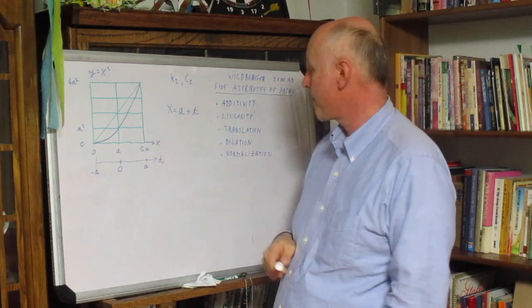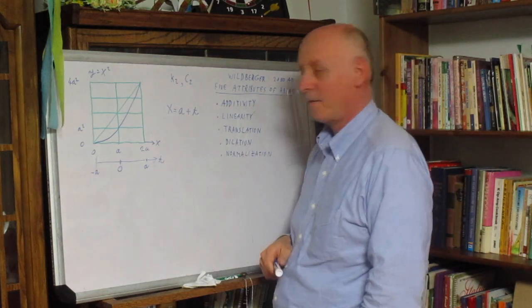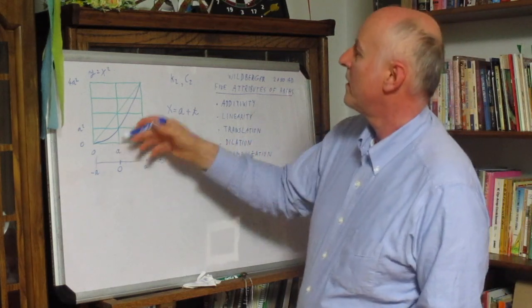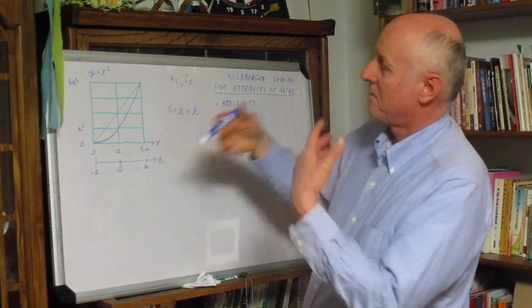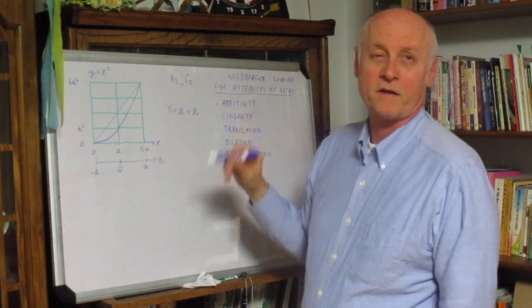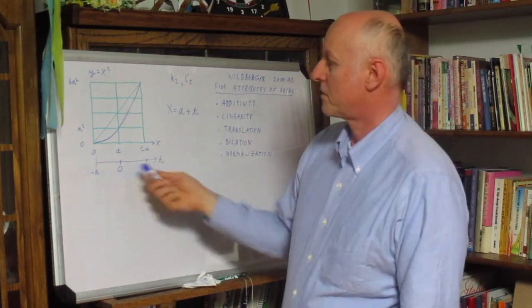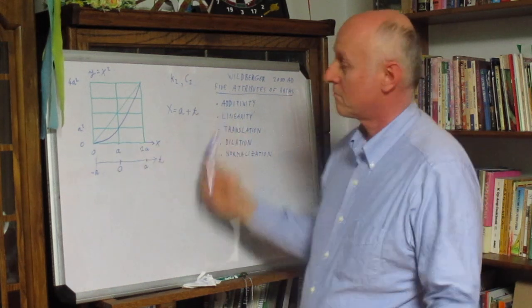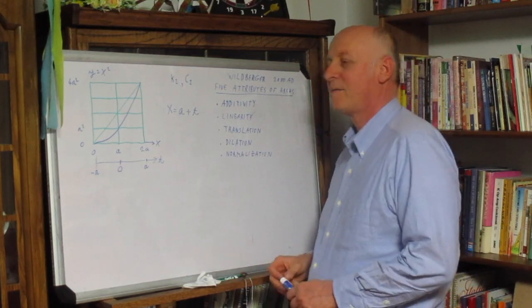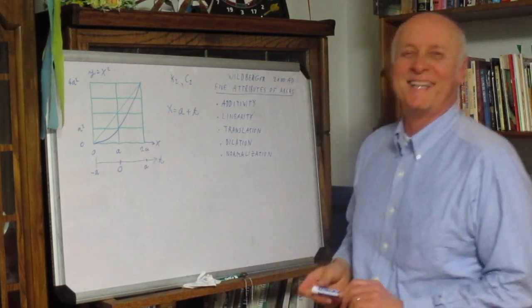Very simple. That's an invariant because it doesn't change the nature of the curve. It's still there. It's just, what's your 0 reference? That's all.